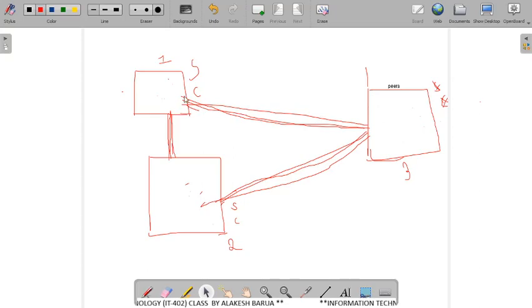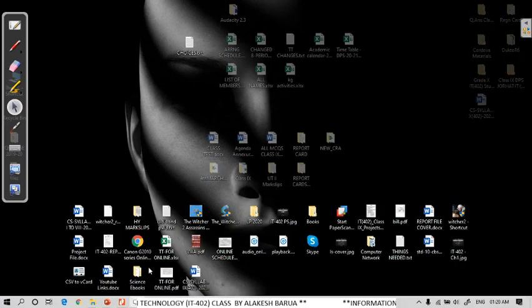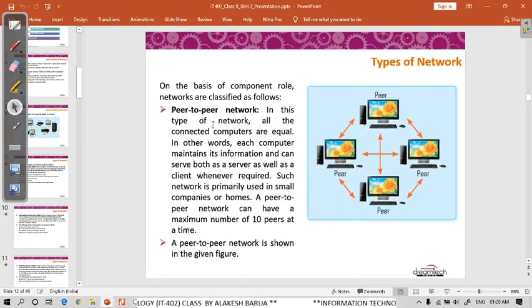So these three computers, if they are together in a network, behave both as servers and clients. The three of them are powerful, and the exchange of data and information is divided equally among them. Then these computers are said to be in a peer-to-peer network.